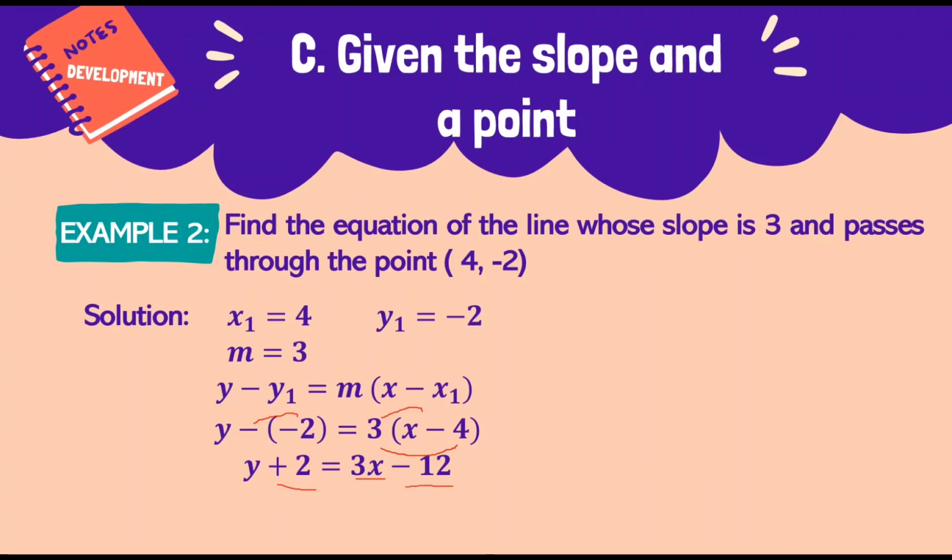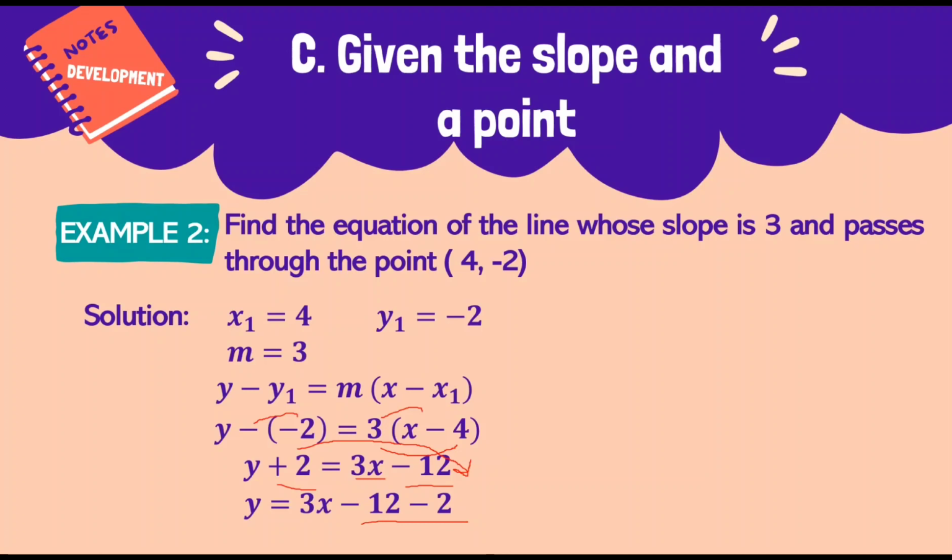Okay, so after that, we need to transpose positive 2 to the other side of the equation para yung y na lang yung matitira dito sa left side. So, since ita-transpose natin yung positive 2, it becomes negative 2. So, as you can see, it becomes y is equal to 3x minus 12 minus 2. Okay, so let us combine like terms, negative 12 minus 2.